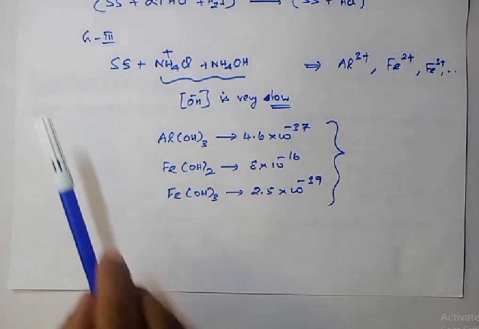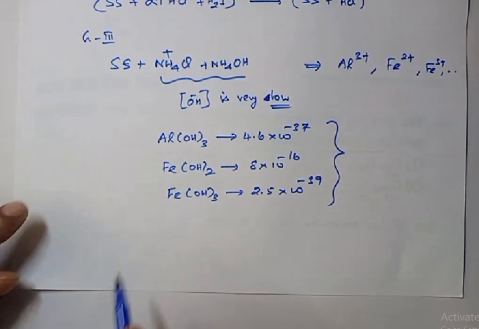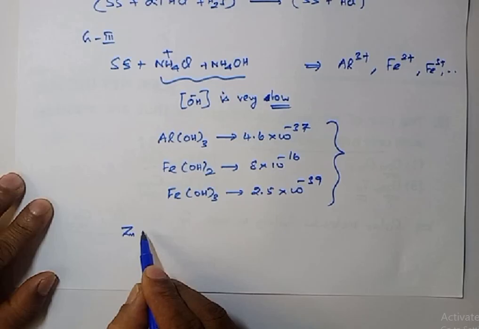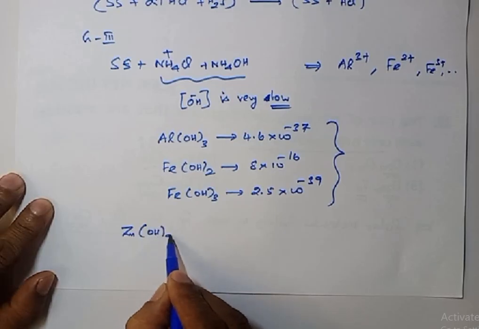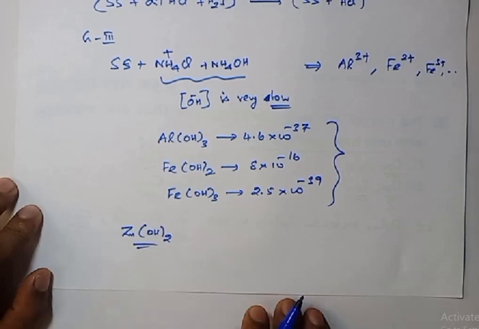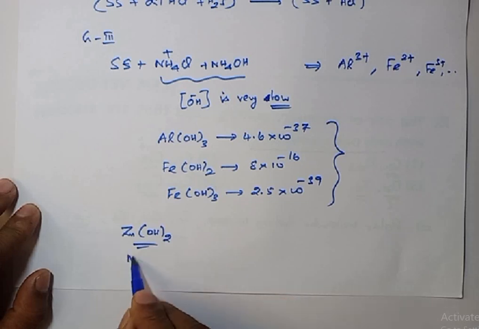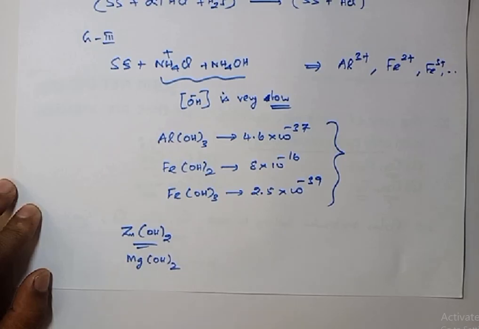Here a question arises. Listen, why not zinc? Zinc can also form zinc hydroxide. Magnesium can also form magnesium hydroxide. Nickel can form nickel hydroxide.